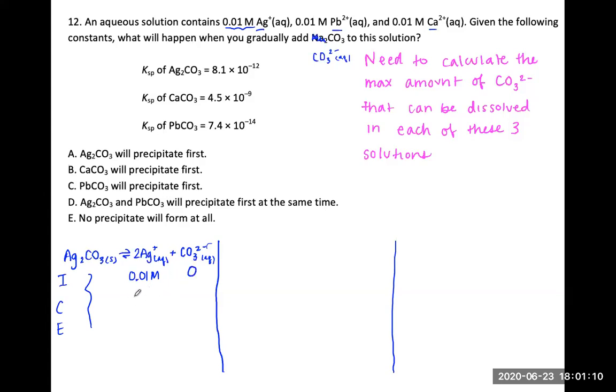And so here our change for the silver would be plus 2x. This would be plus x, 0.01 plus 2x. And then our KSP for this is really small, 8.1 times 10 to the minus 12.